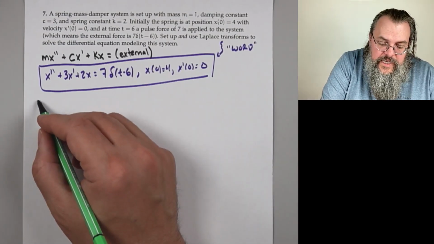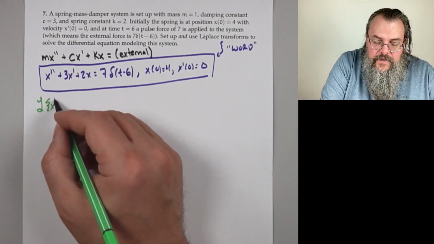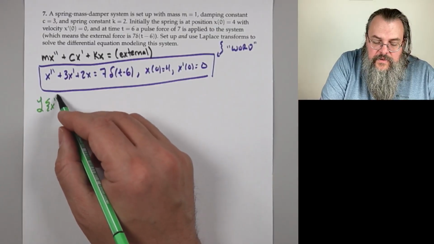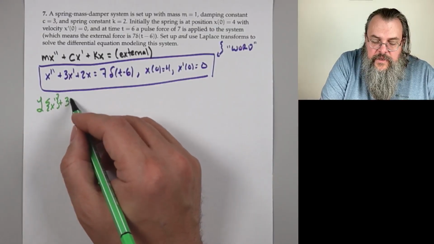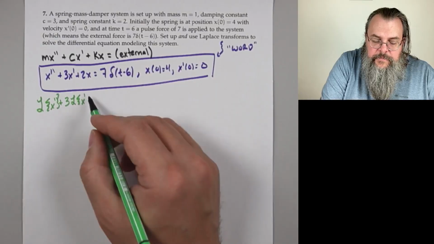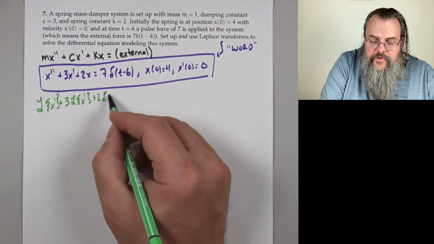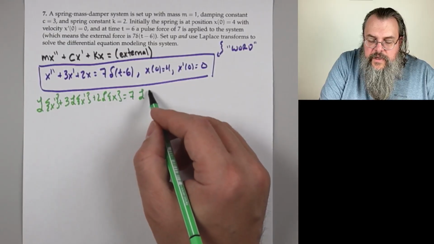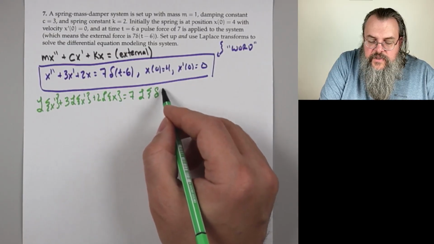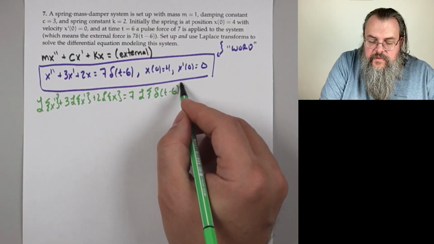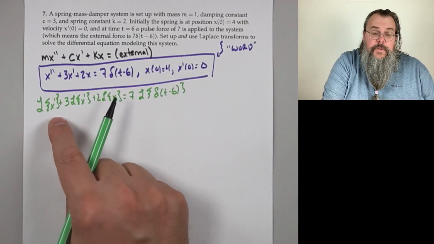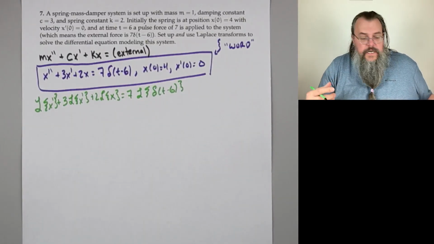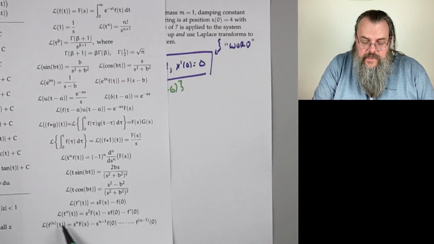Well, we start by taking the Laplace transform of both sides. So Laplace transform of x double prime, plus 3 Laplace transform of x prime, plus 2 Laplace transform of x is equal to 7 Laplace transform of delta t minus 6. Now, for the Laplace transform of x double prime, we have a formula for that.